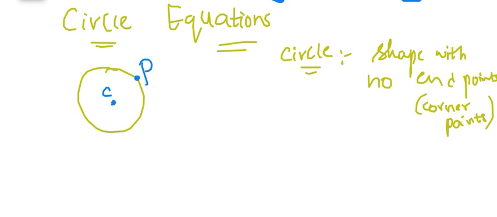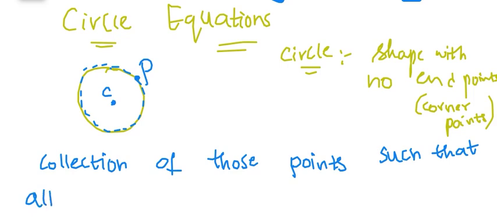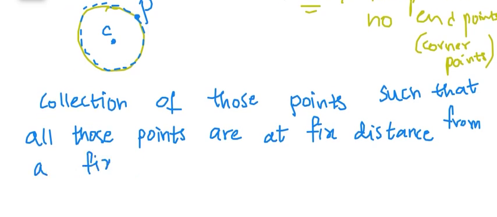So a circle is usually a collection of those points in a plane such that all of those points are at a fixed distance from a fixed point.